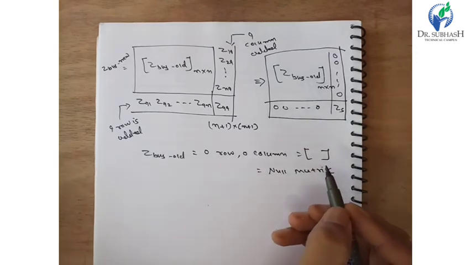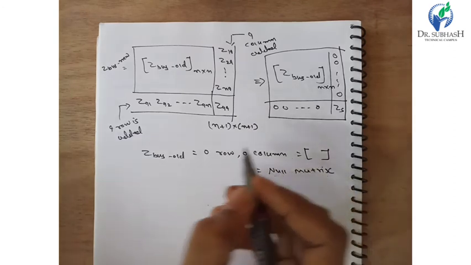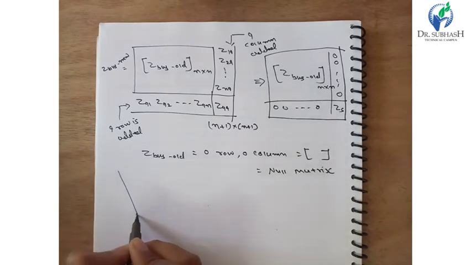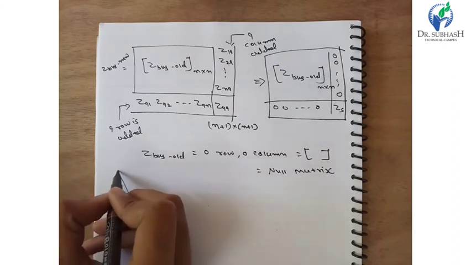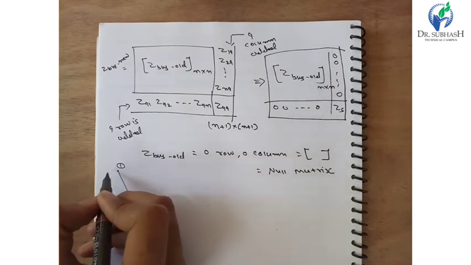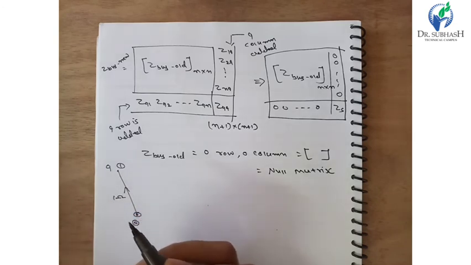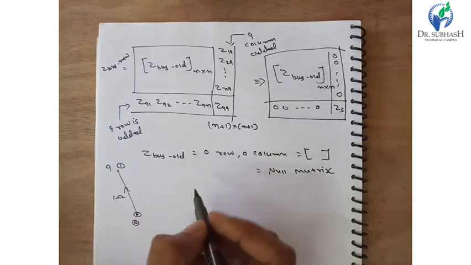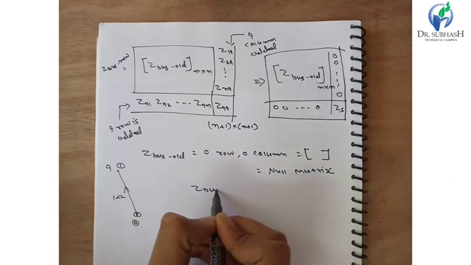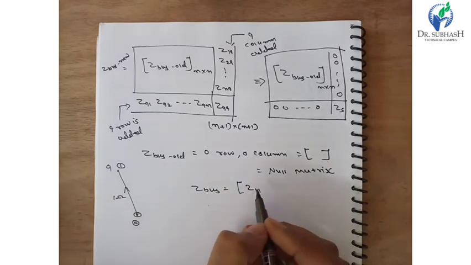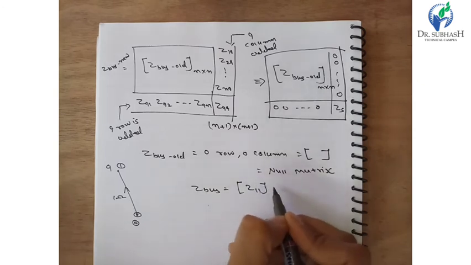In the same form we write for the figure of a matrix. Here is the reference node 0 and node 1 for the Q point. The value is 1 ohm. In the Z bus, Z11 is equal to 1.